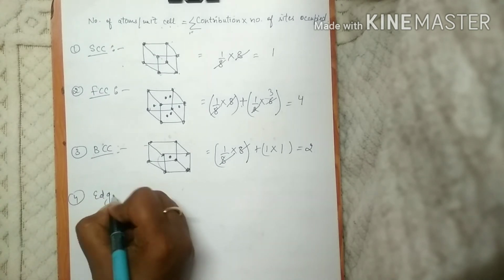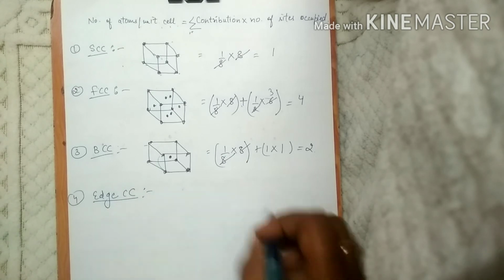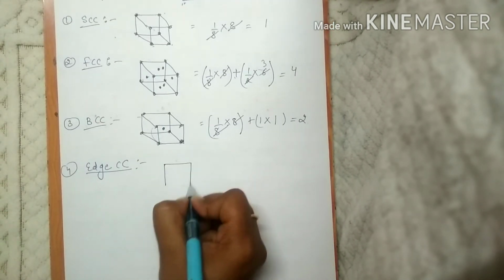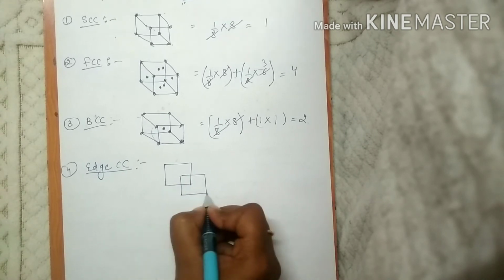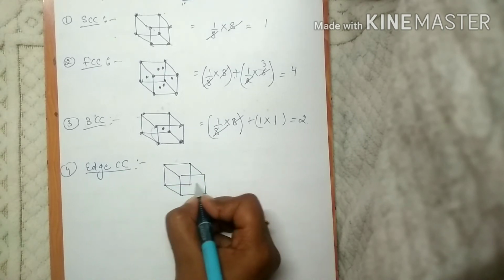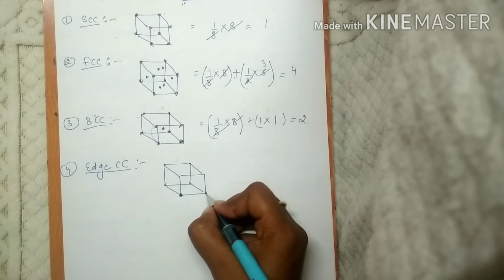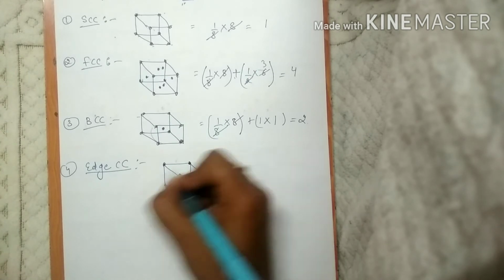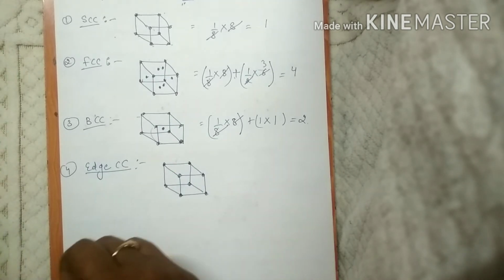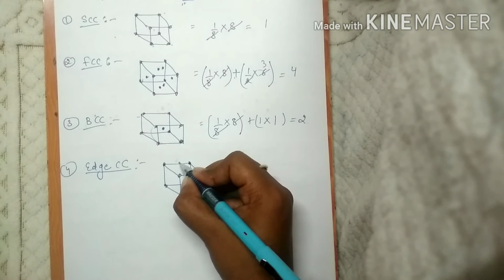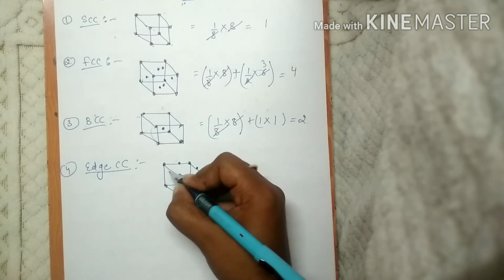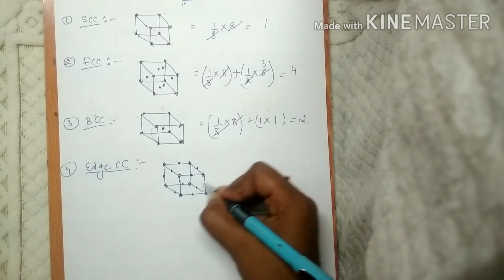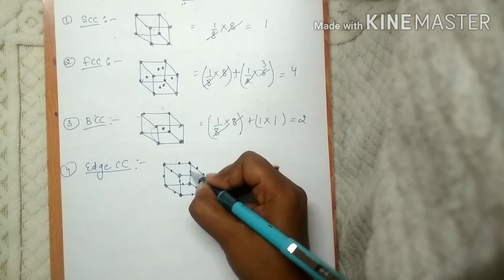Fourth is your edge centered cubic. Now what is edge centered cubic? In edge centered cubic also, 8 atoms will be present at the corners, and atoms will be present at the center of each edge also. So there are 12 edges, 4, 5, 6, 7, 8, 9, 10, 11, 12.